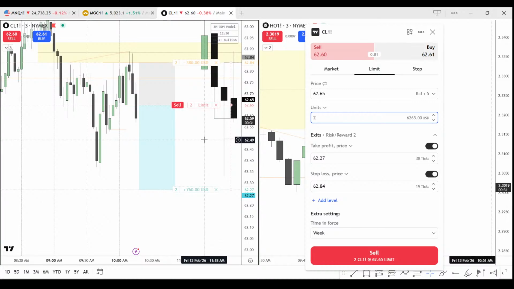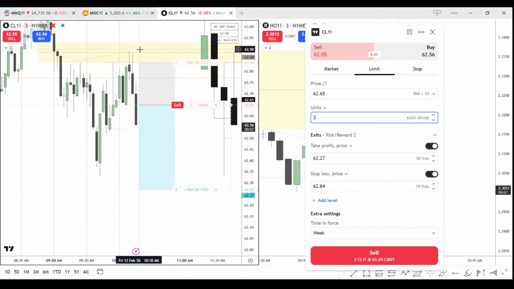Or just be ready with your guns loaded. Let's see if we can hit that TP today. I'm gonna keep it there. If it triggers, it triggers. If we miss, we miss. We can't go and market execute here and ruin our RR.